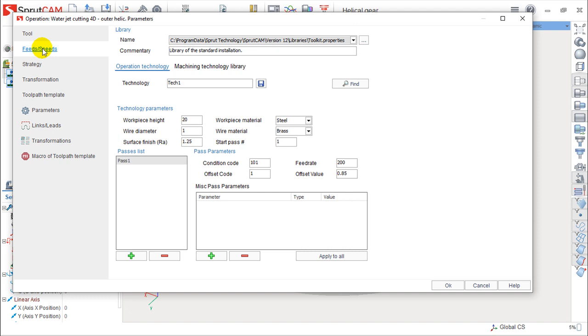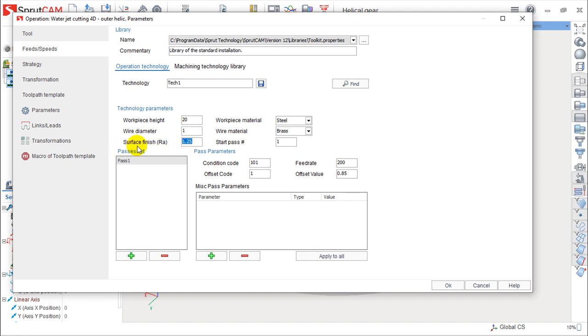Not being difficult, but we have some technology parameters, so heights, in this particular case, wire diameter, okay, if we are working with the operation that requires wire cutting.